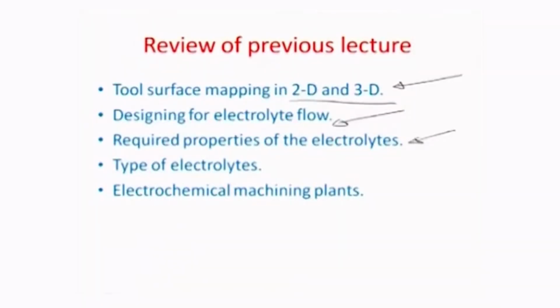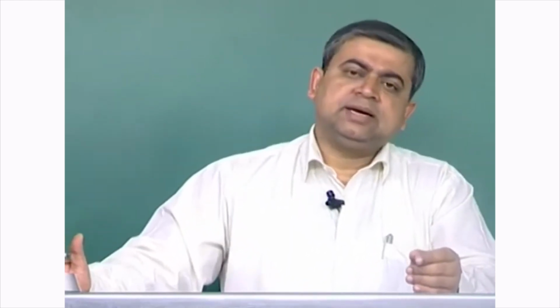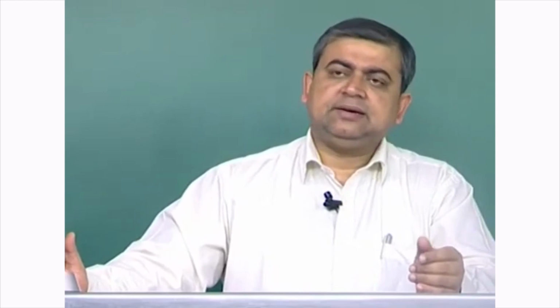We also looked at some standard metals and the electrolytes which are used therein for the purpose of ECM, and then we designed certain electrochemical machining plants looking into the very basic requirements of such ECM units. The basic requirement is a rigid stage and a rigid workpiece tool holder, which is important because the gaps maintained in equilibrium in an ECM process are typically of the order of a few microns to a few tens of microns, and then the surface properties become more prominent.